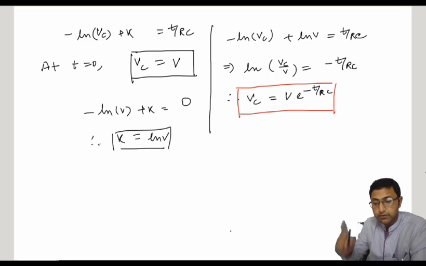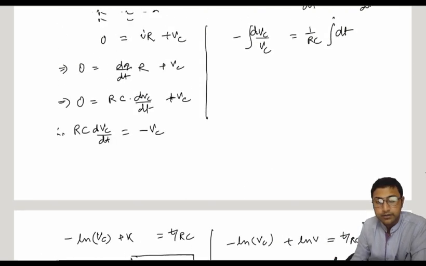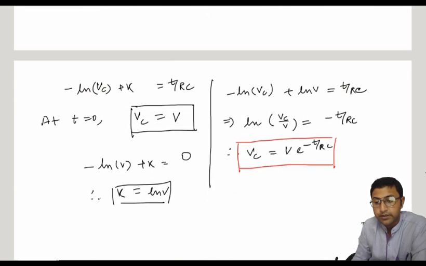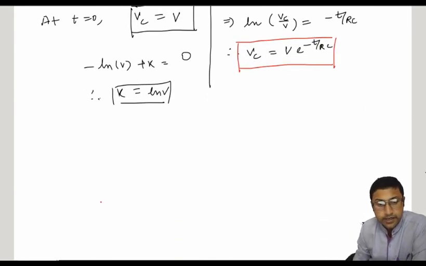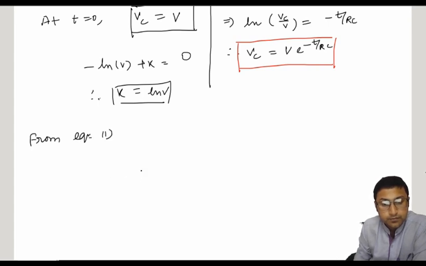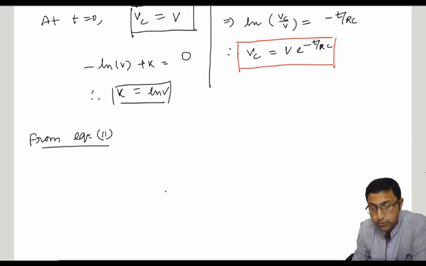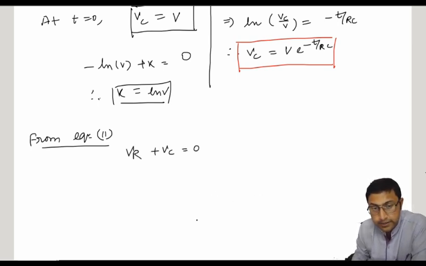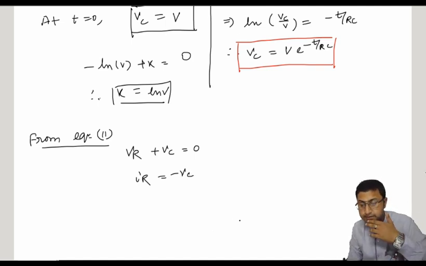And from the second KVL equation, this is number 2, we can write VR plus Vc equal to 0. That means I into R equal to minus Vc.